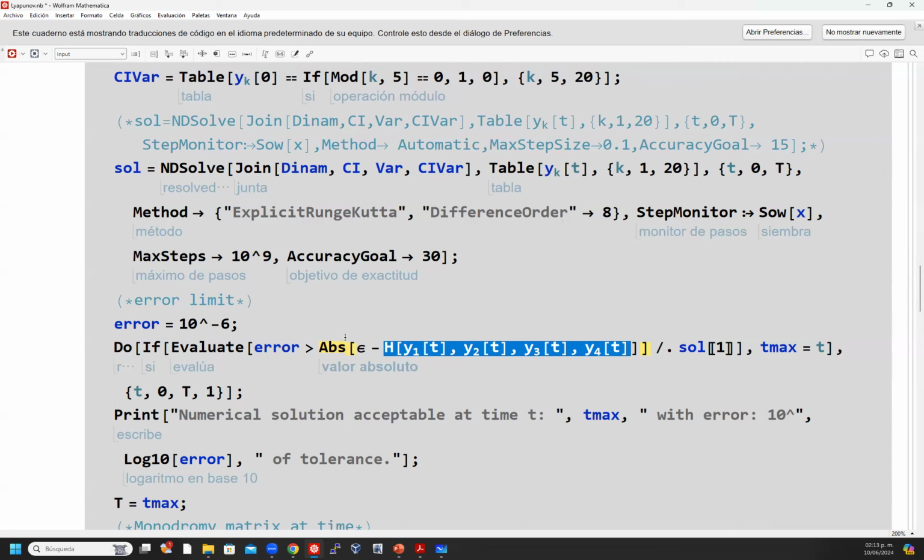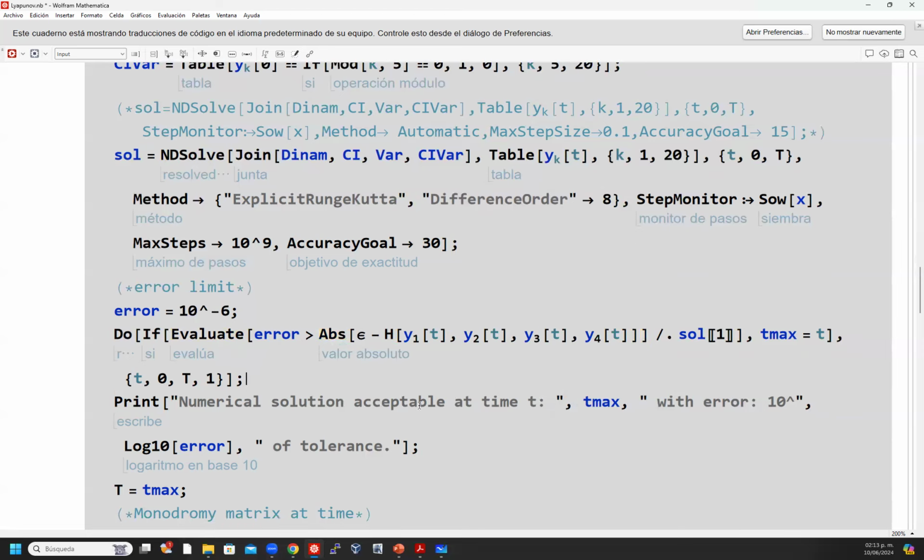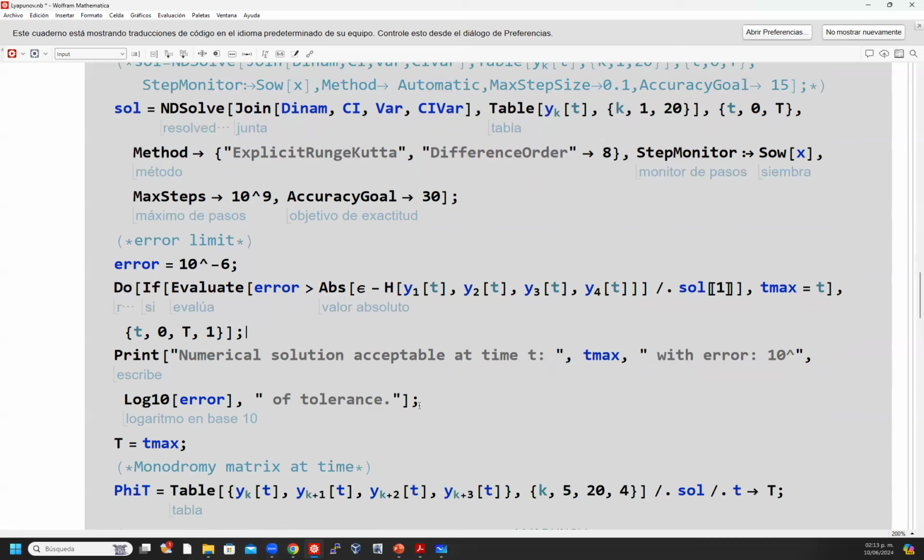It is a way to verify the efficiency of your numerical solution. I say my numerical error, for example, is 10 to the minus 6. If this difference is smaller than this quantity, it's fine, and my numerical solution is acceptable at this time. If not, you take the time up to which this error is valid.